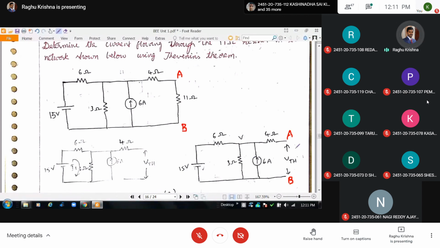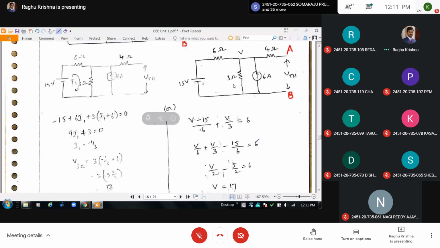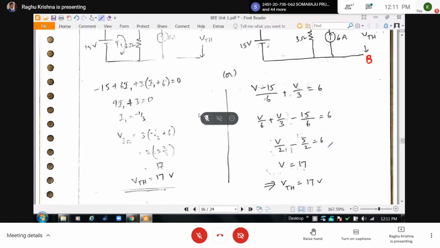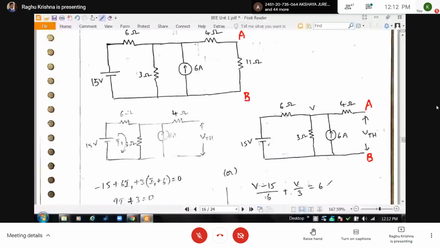So what is the value of VTH you got? VTH you are going to get as 17 volts. How many of you got 17 volts as VTH?